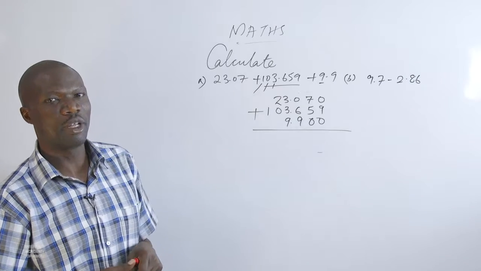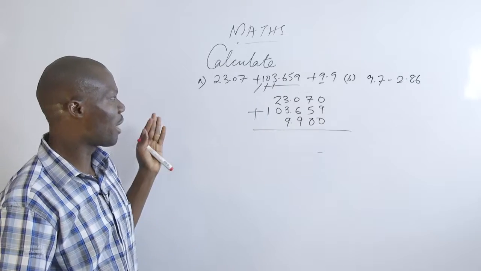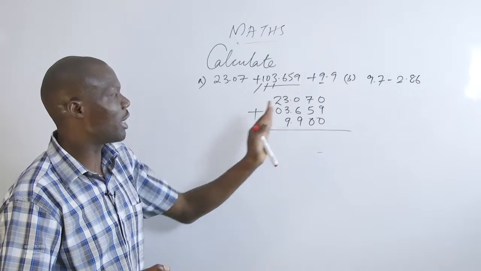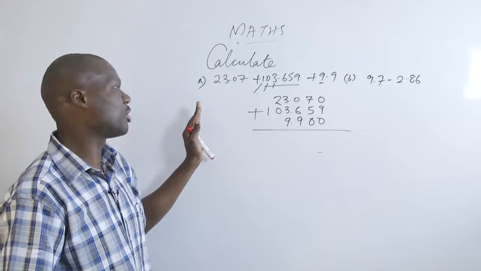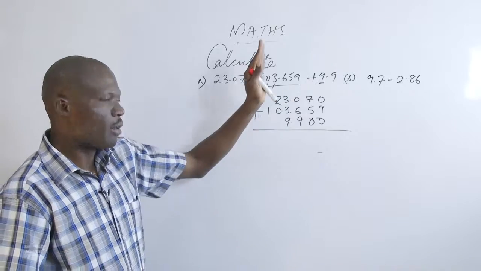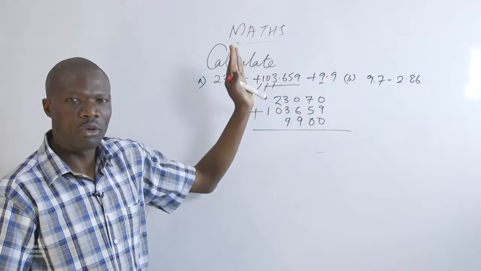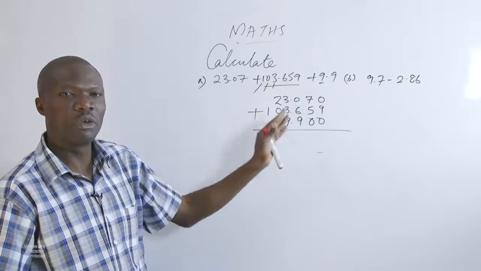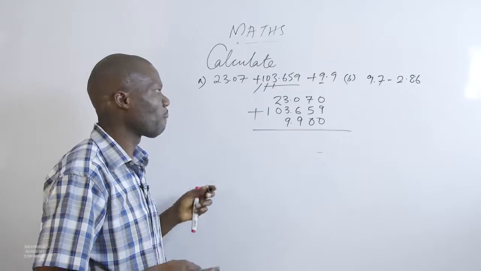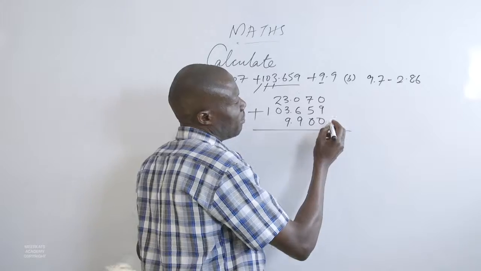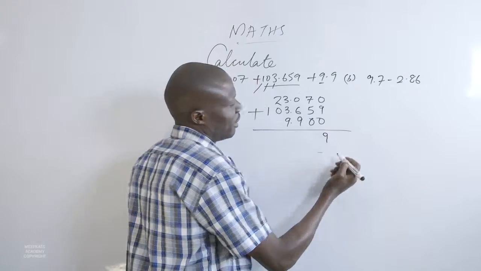Addition is done from the right coming to the left as you follow the column. You exhaust the column before you move to another one. 0 plus 9 plus 0 will give us 9.